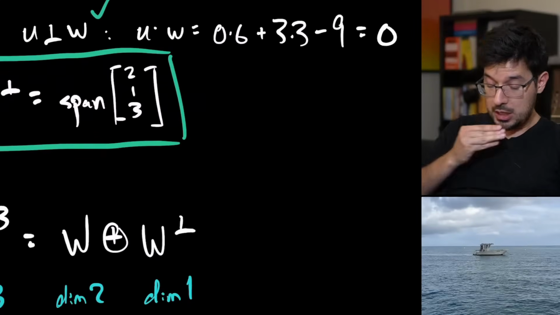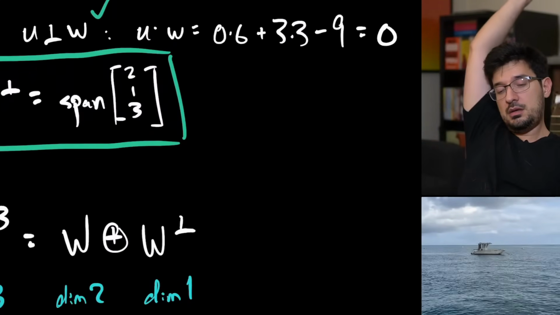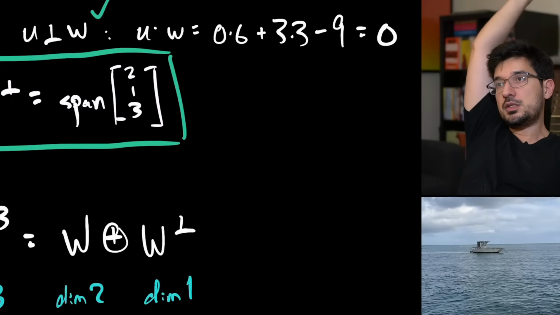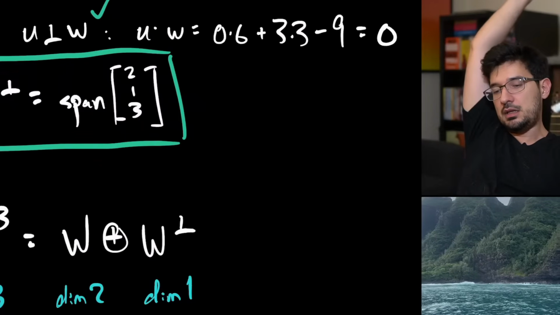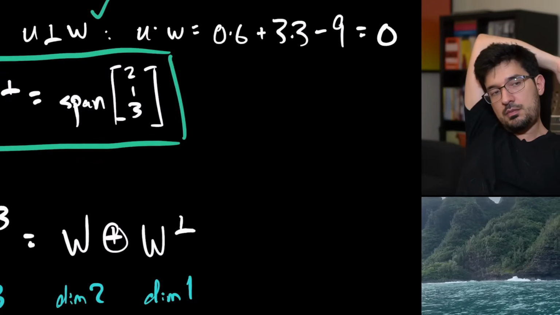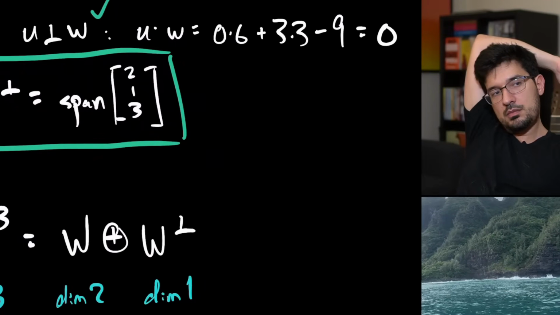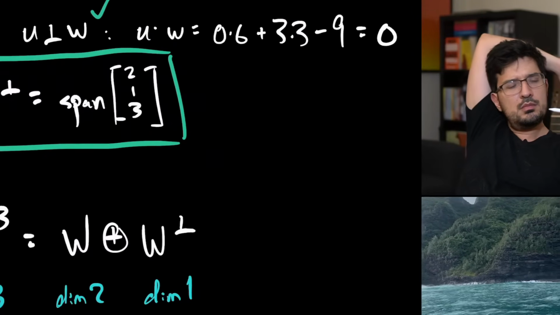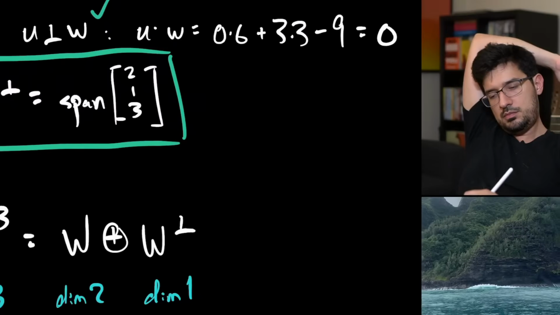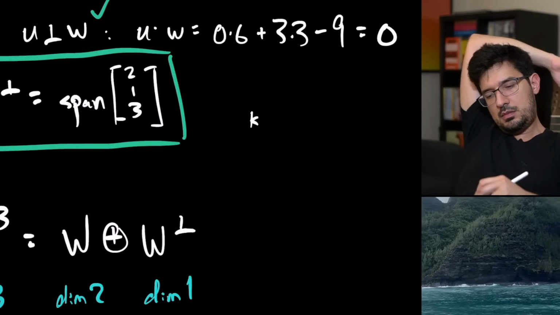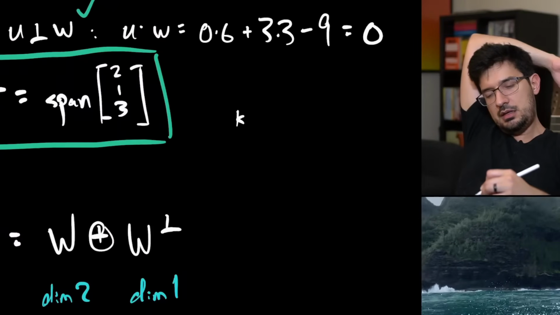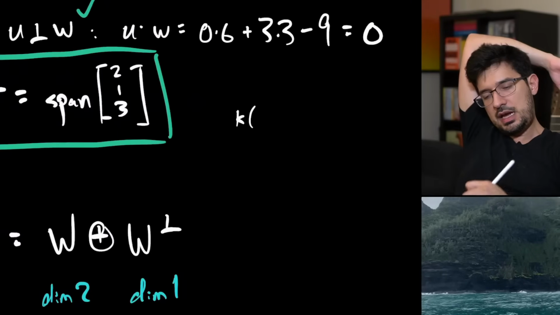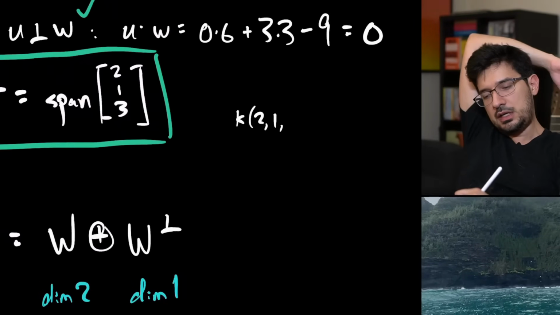How do I think of writing down what that means geometrically? I know that that should be a line. If we have a vector in that span, then it is a scaling of 2, 1, 3.